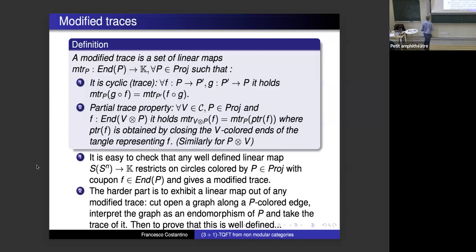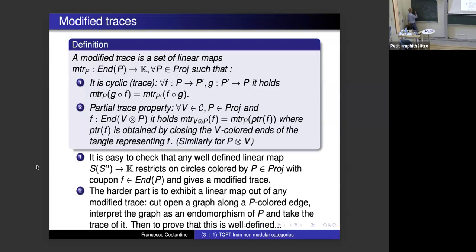The second is probably less obvious, and the picture goes as follows. Suppose that you have V tensor P, where V is any object, P is projective, and you have an endomorphism F. Since P is projective, this tensor product is projective. So you can do the M-trace of V tensor P for this endomorphism.